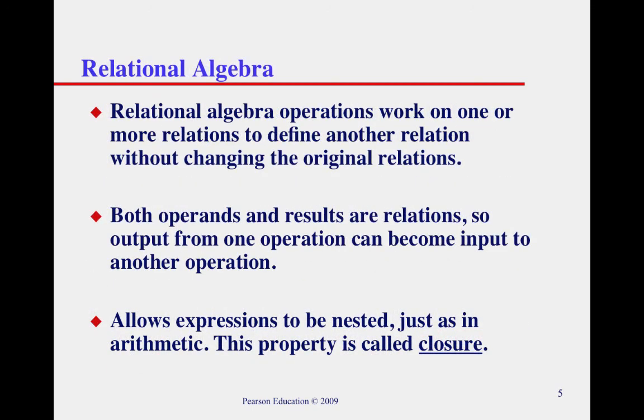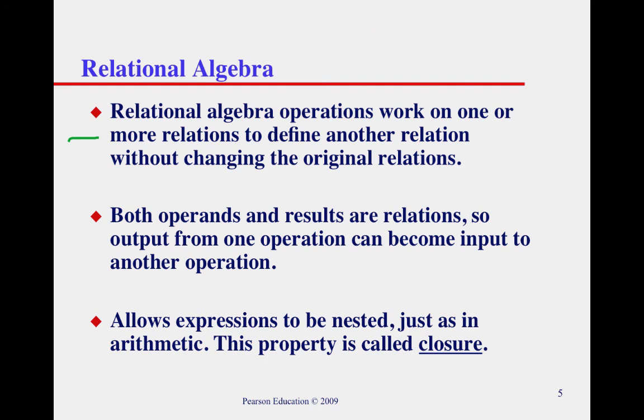Okay, so we're first going to talk about the relational algebra, which most of you will be more comfortable with because you are, in fact, more comfortable for the most part with procedural operations. So this first bullet is just saying that there are no side effects.